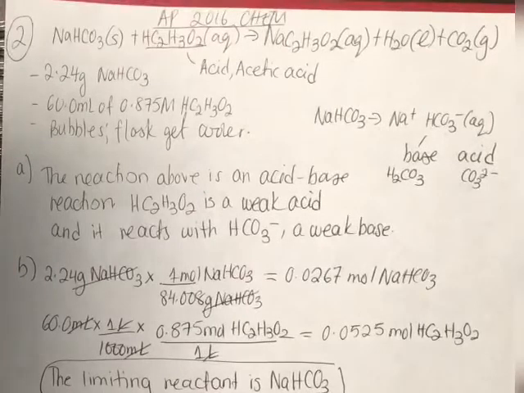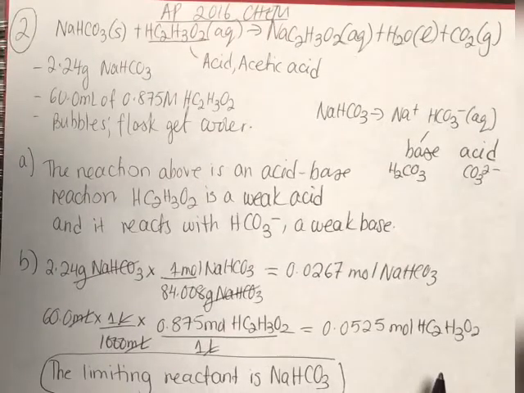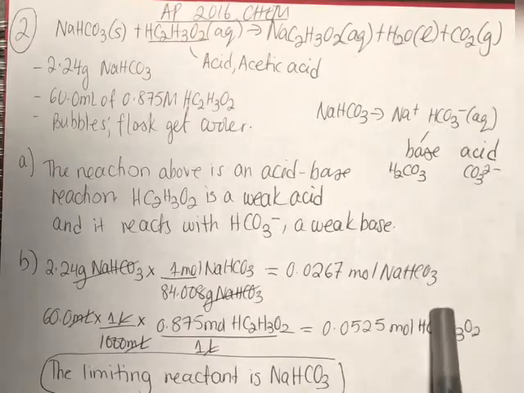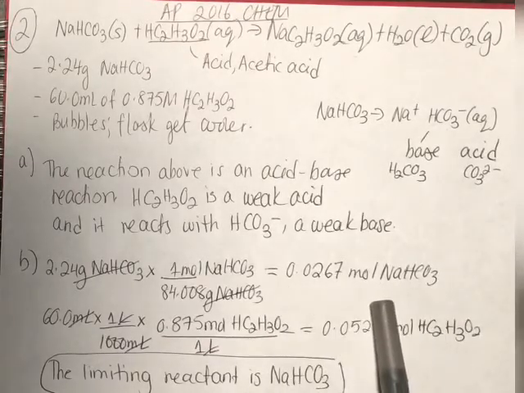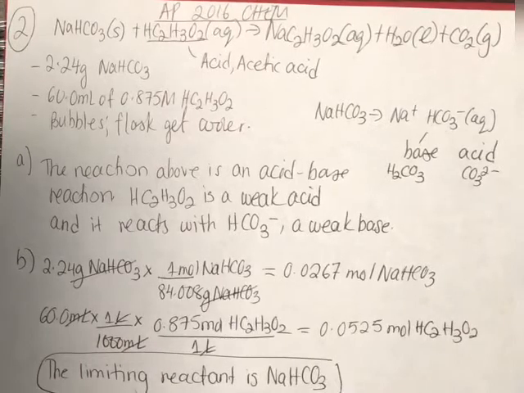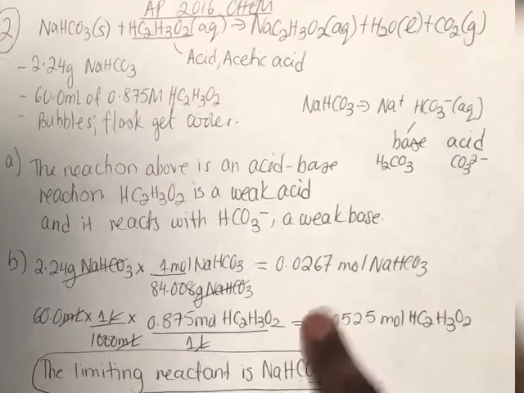So this question is testing our knowledge of stoichiometry. And you get 1 point for showing the math, which counts as your calculation, and for answering the question, because it does say identify the limiting reactant. So there's 2 points here.